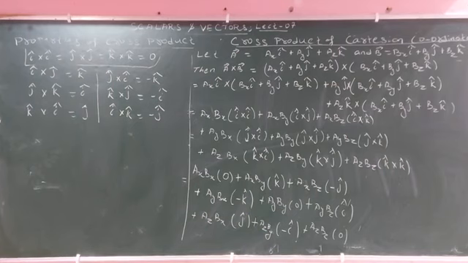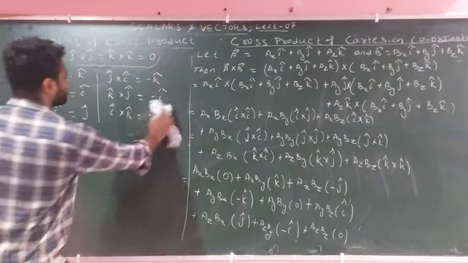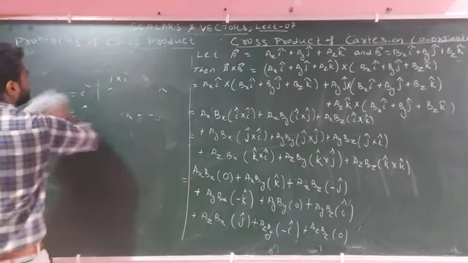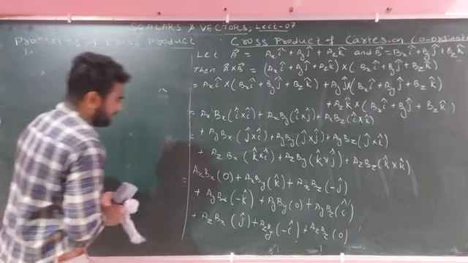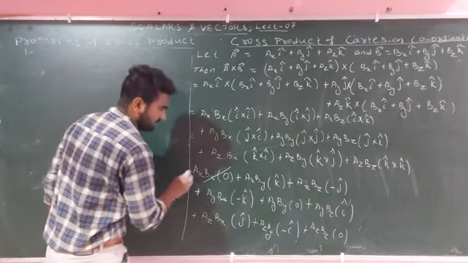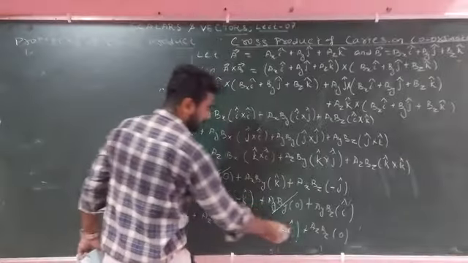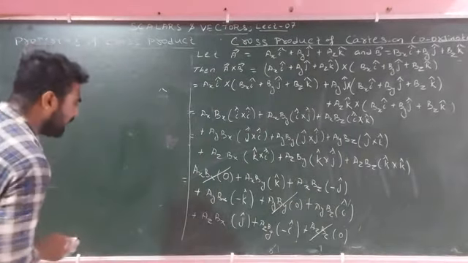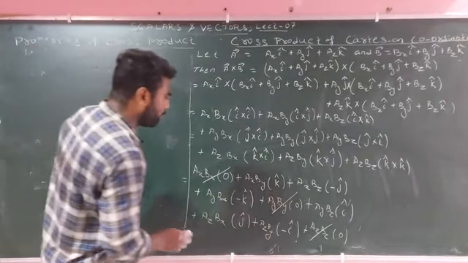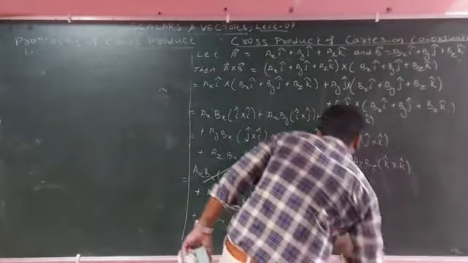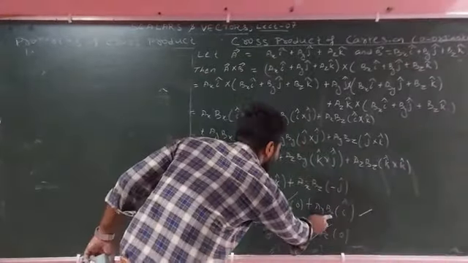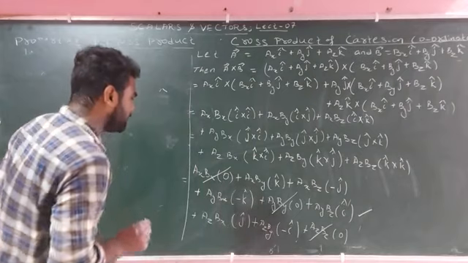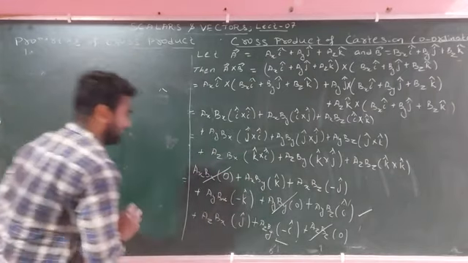Now it becomes ax bx into 0, that cancels, ay by into 0 cancels, az bz cancels. Now we have common i cap from ay bz i cap and the other one, az by minus i cap.